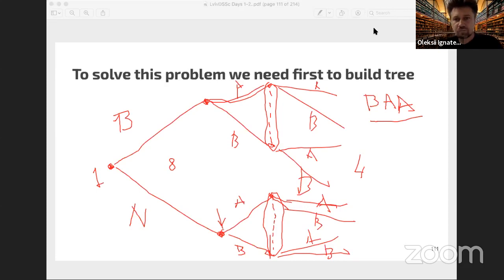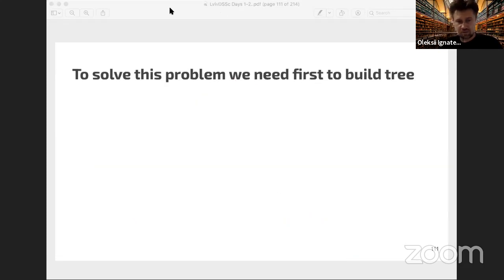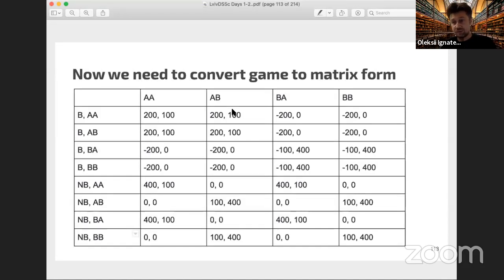Now we can put it into a matrix, and the matrix would be rather big. So what we did, we transformed the tree representation of this game into matrix form.